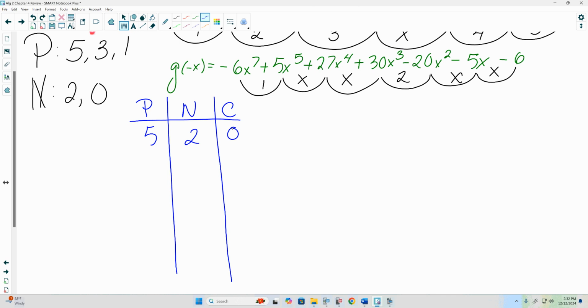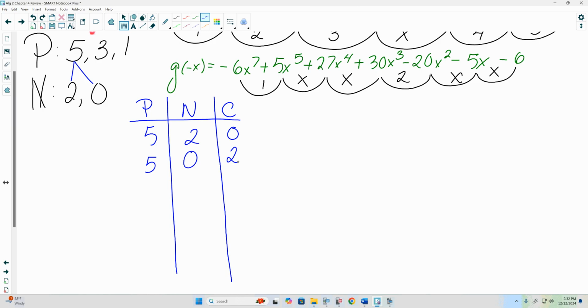Our other combination with 5 positives is 5 positives and 0 negatives. Well, if we have 5 positives and 0 negatives, that gives us 5 solutions. We need 7. So since 2 are missing, they have to be complex.